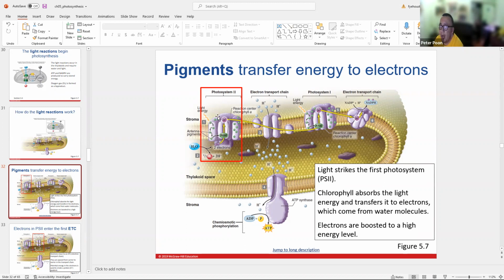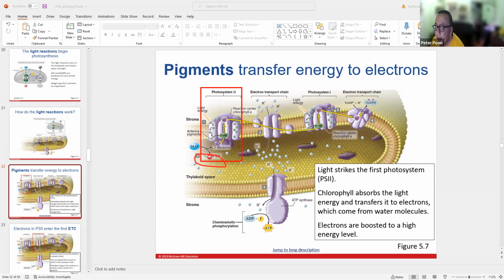Light hits photosystem 2, and the light gets concentrated in this center, and the energy from the light source shoots up these electrons. The electrons come from the splitting of water into oxygen. So this right here is where plants produce oxygen.